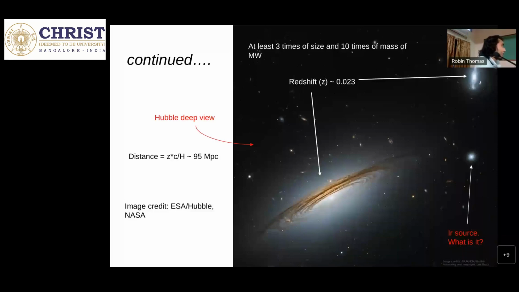This is called the central spheroidal-shaped bulge of a galaxy, which has a different gravitational structure. It is a dispersion-supported system: stars can rotate in all directions at the same time on average, but in a disk, the majority of the stars follow the same path.